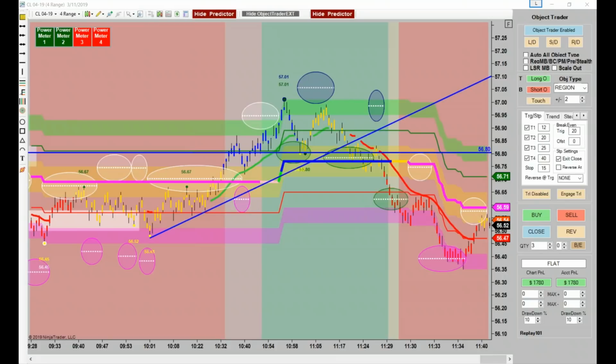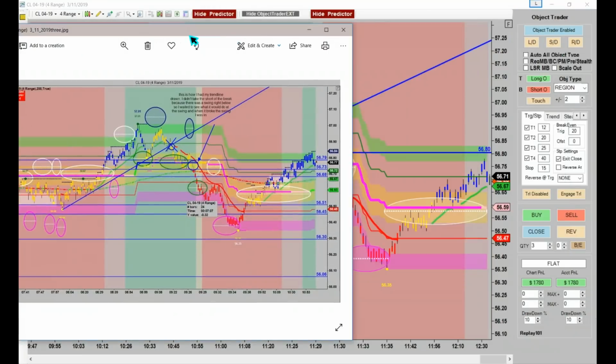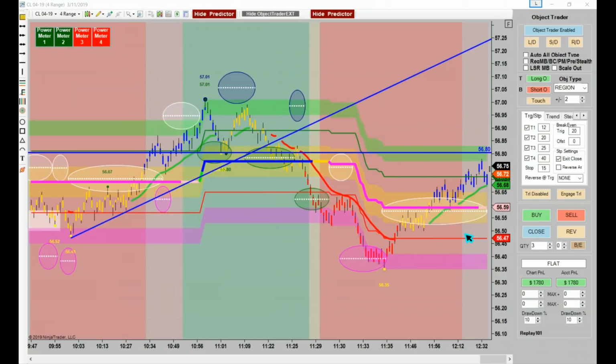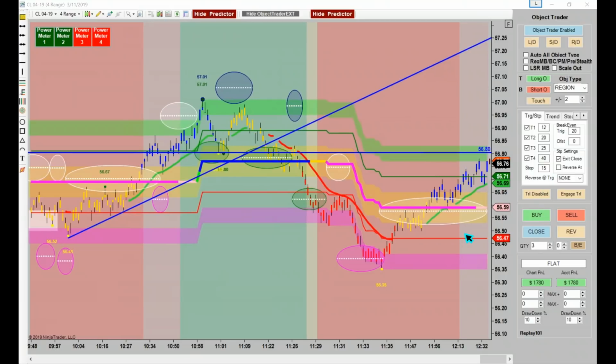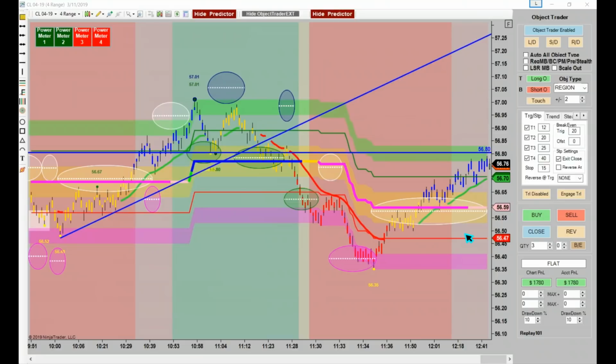He didn't actually have that one drawn, but I could see where he would because he drew this one. See this one right under here? You could draw it and then look at this. It broke. So I think everybody can pretty much tell that you're going to be able to see some of these trend changes and everything a lot better.